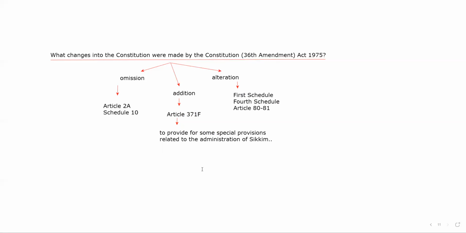In today's lecture, on the topic of the Union and its territory, we have discussed Article 1 and Article 2. We discussed the meaning of the Union of India and the meaning of the territory of India also.